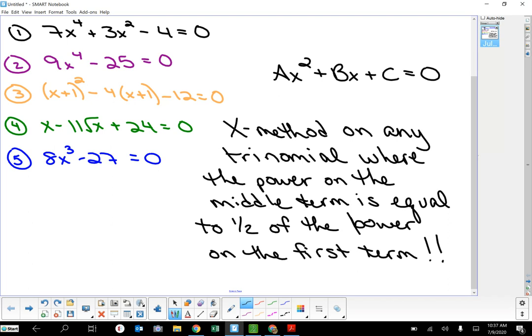And so if you take a look at example number 1 at the top of the page, the power on the middle term is exactly half of the power on the leading term. So you can use X method on problem number 1.